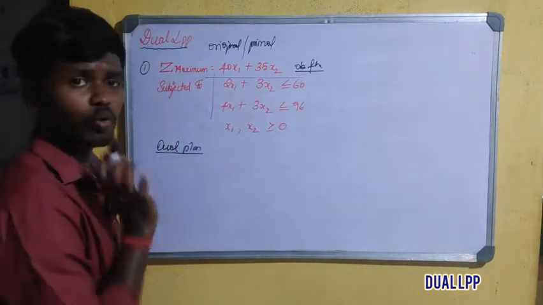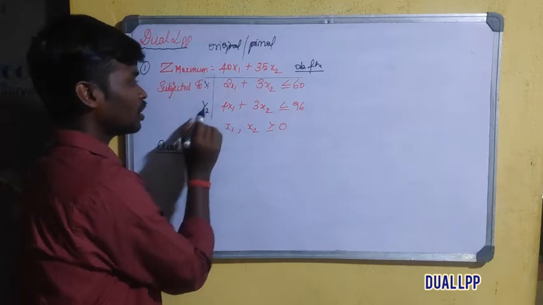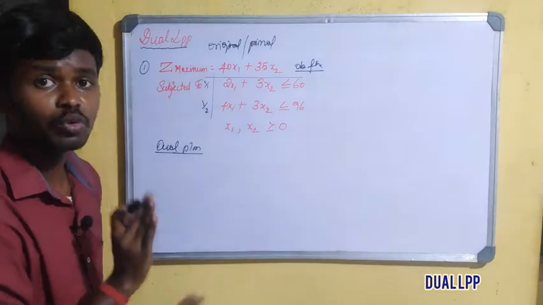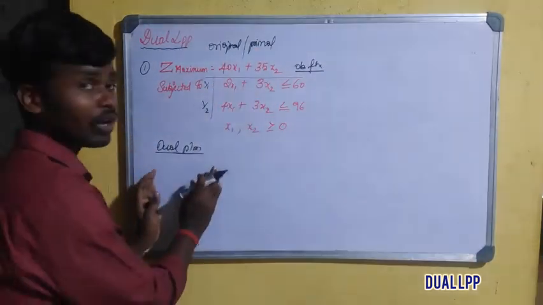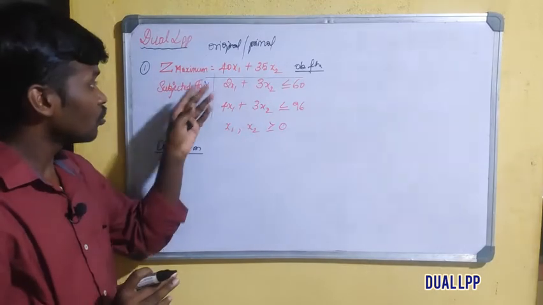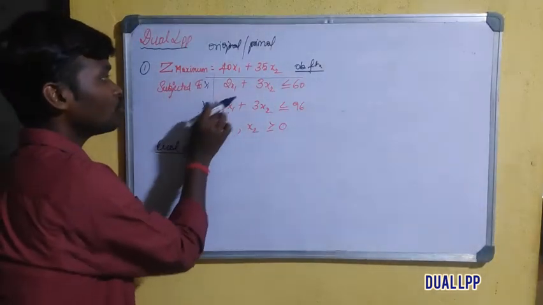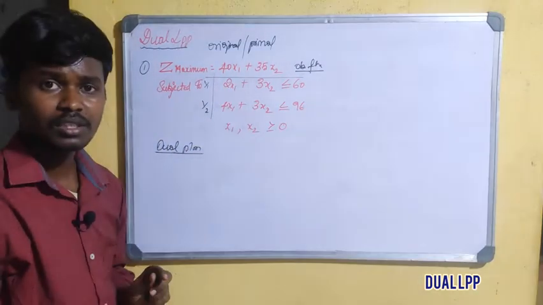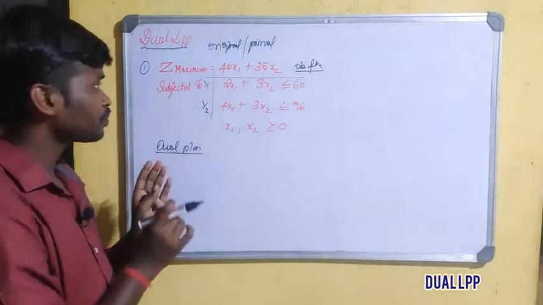I am going to use y1 and y2 instead of x1 and x2, because we are converting the primal or original problem into the dual. Ultimately it is the opposite.